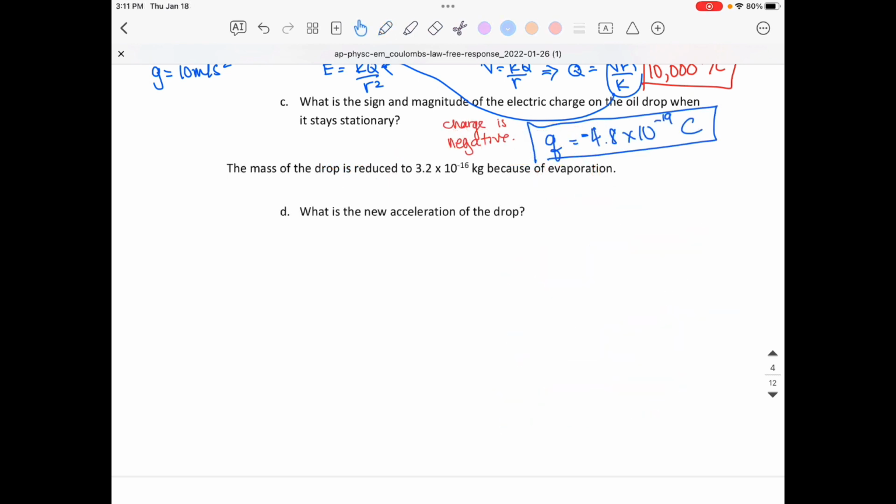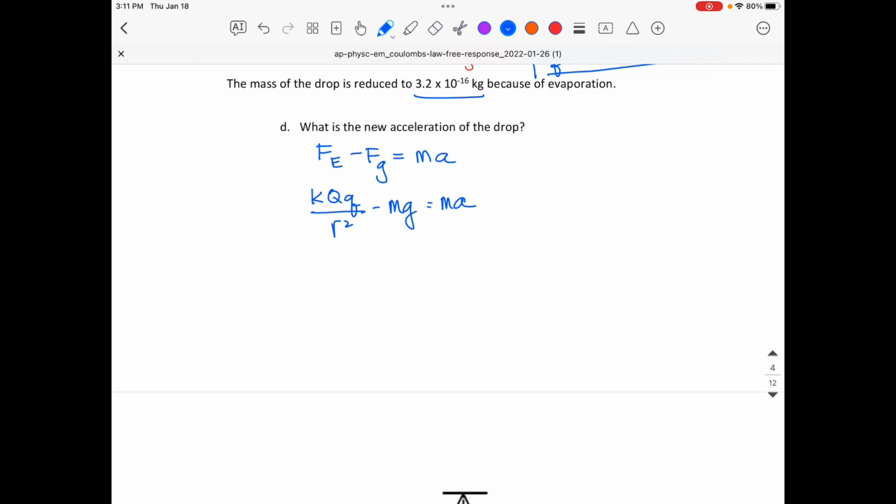For part D, we now have the mass reduced, and because the mass is reducing, we no longer have balanced forces, so we're going to use the same sum of the forces equation. The electric force minus the gravitational force is now equal to ma. So we've got KQq over r squared minus mg is equal to ma. Then we make our substitutions.